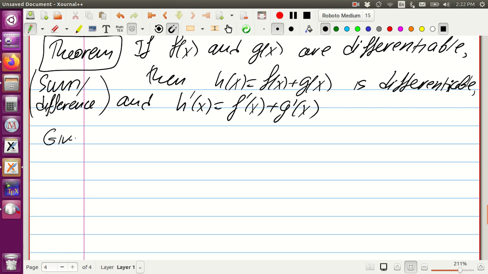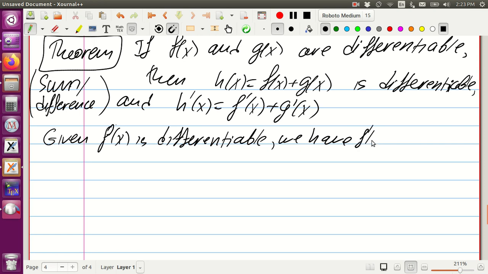Given f of x is differentiable, we have f prime of x is equal to the limit when delta x goes to 0 of f of x plus delta x minus f of x over delta x.